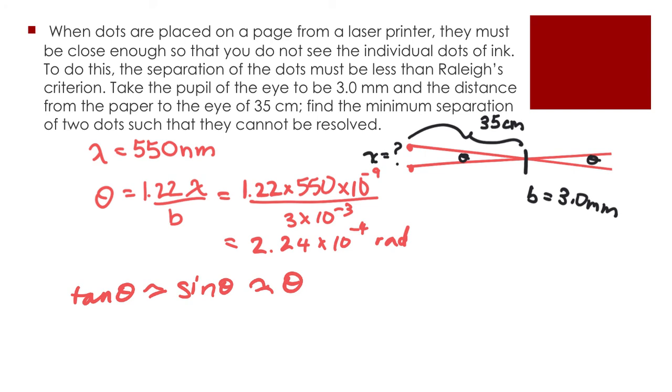At this small value, tan theta, sine theta, well, let me just actually do it for you. Making sure your calculator is in radians, if you put just 2.24 times 10 to the minus 4 in your calculator for sine, you actually will get 2.239999, so basically 2.24.